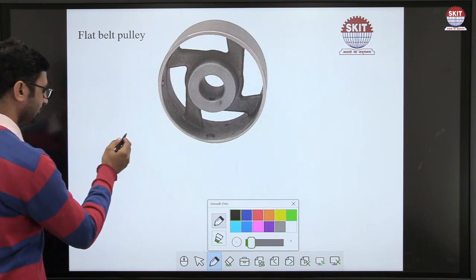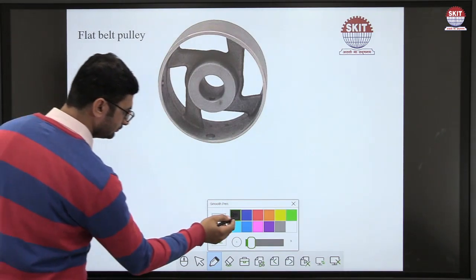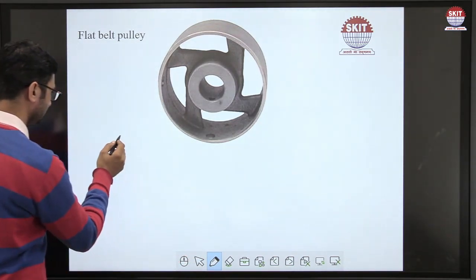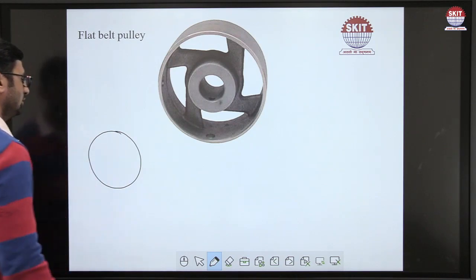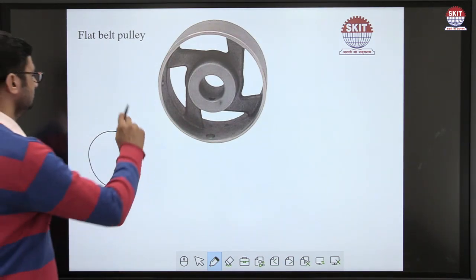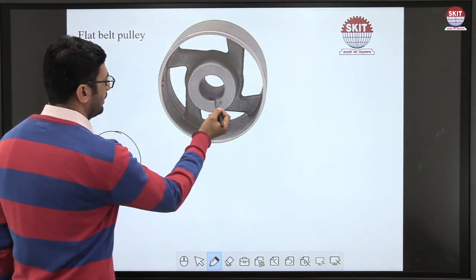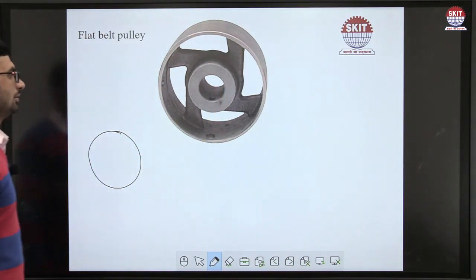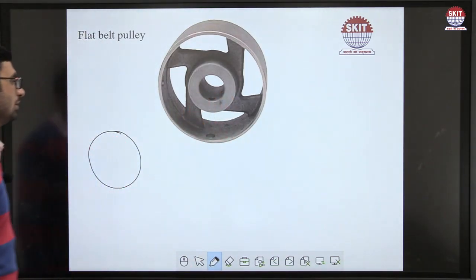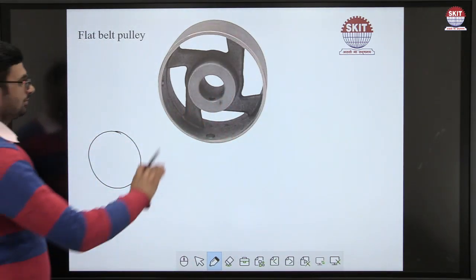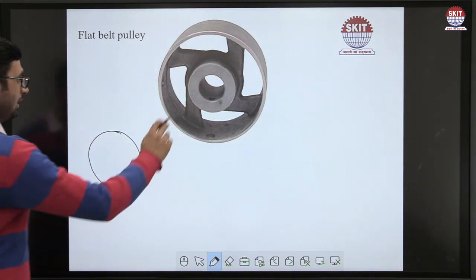This gap provided in the pulley is for the shaft, used to insert the shaft in the pulley.